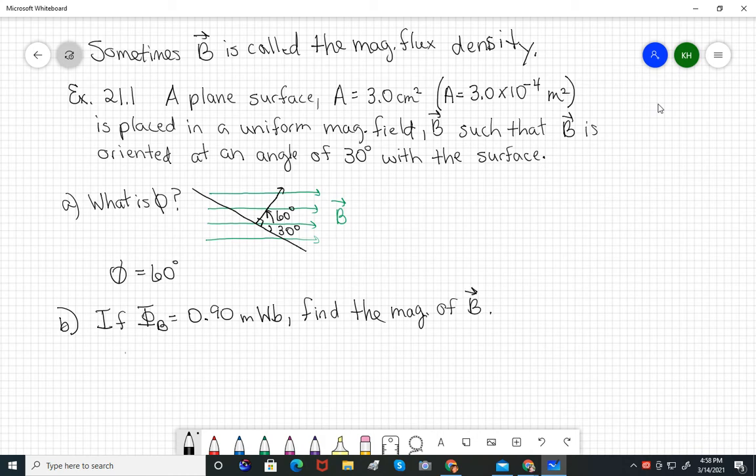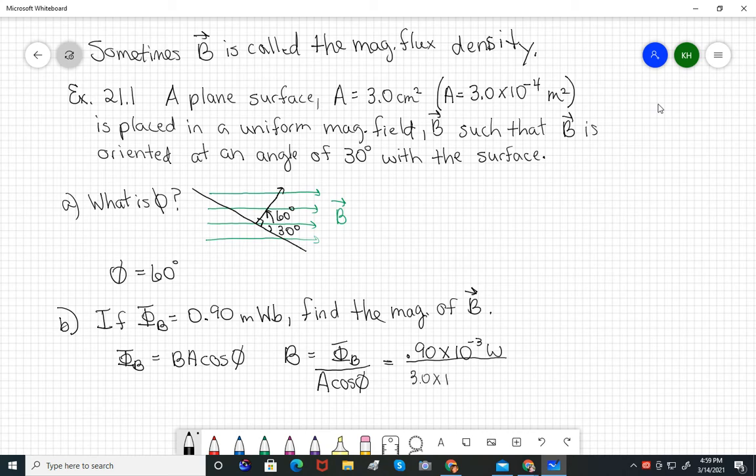So I'm going to use our formula. I know that the flux is BA cosine phi, which means that B must equal the magnetic flux divided by A cosine phi. So magnetic flux is 0.9 milliwebers, so 0.90 times 10 to the negative 3 Webers. The area is 3.0 times 10 to the negative 4 meters squared.